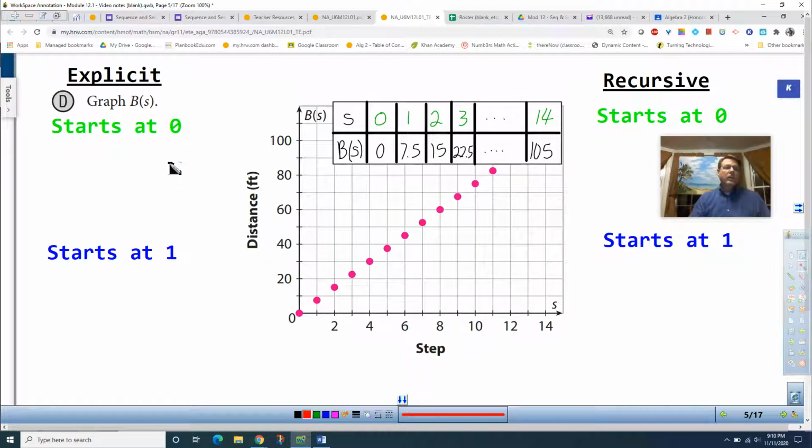So for the explicit formula, I'm going to start off by writing the generic rule: A sub n equals A sub 1 plus n minus 1 times D.